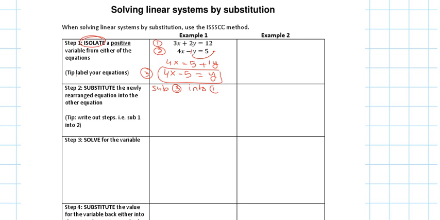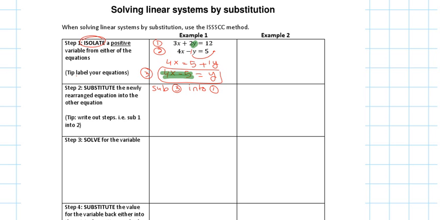You see how there is a y here? That y is going to be replaced with the value of y, which is 4x minus 5, because I know that y equals 4x minus 5.